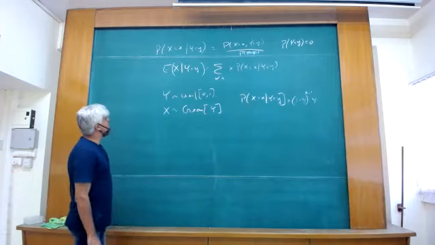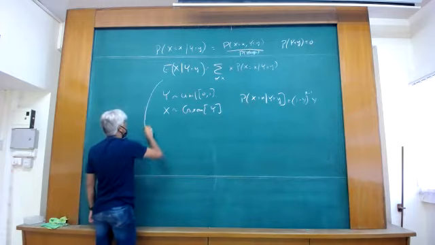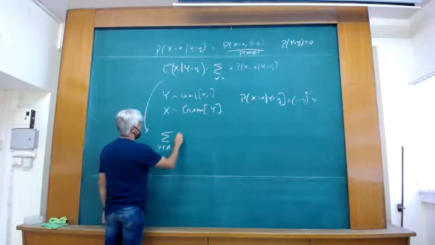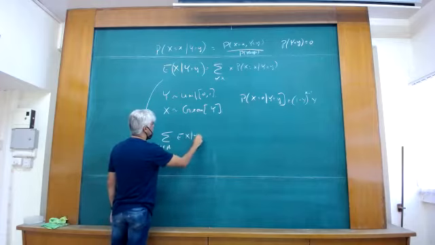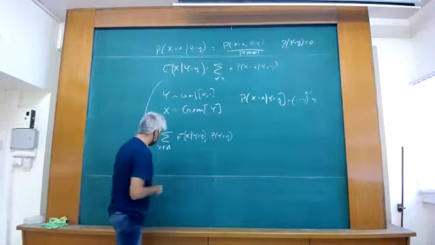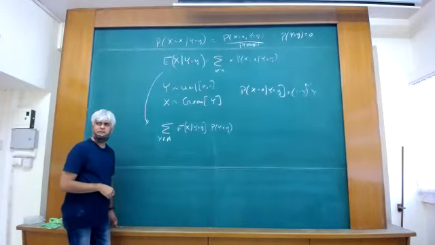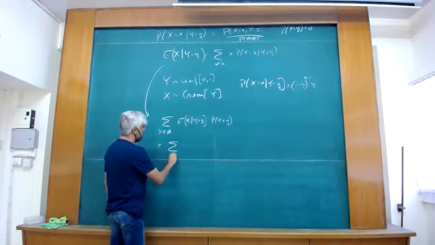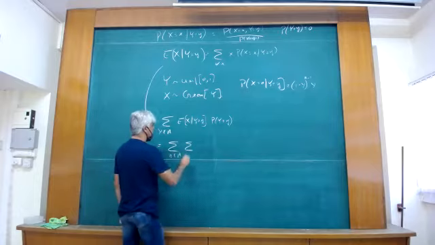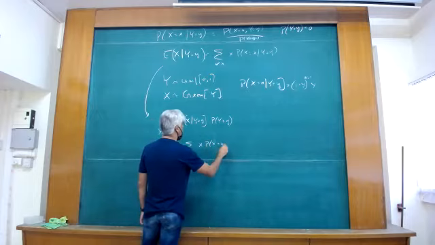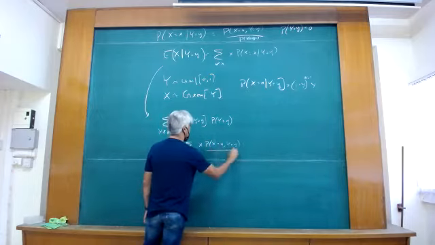But in any case, what one observes is that with this definition here, you have this property: if I look at Y belonging to some set A, then E of X given Y equal to y, times the probability that Y is equal to y, if you look at this quantity for any A, this is going to be the summation over y in A, summation over x of x times the probability that X equals small x, Y equals small y.